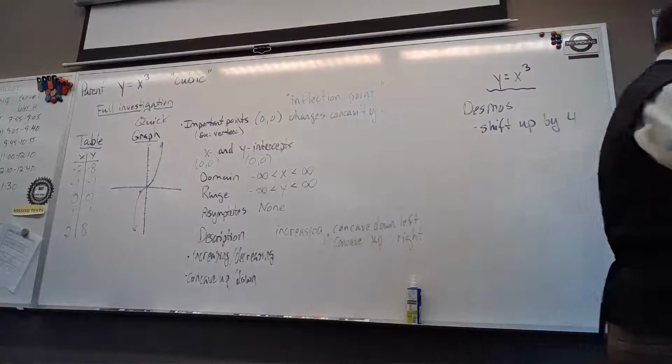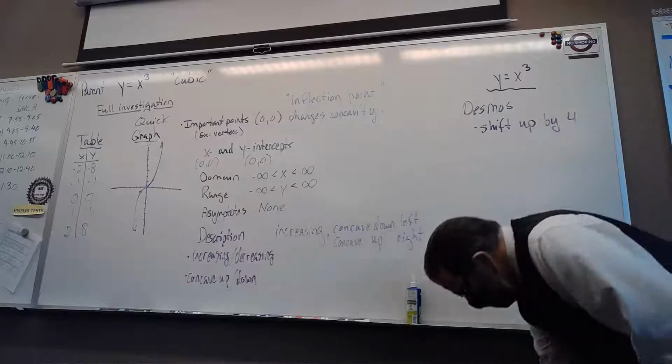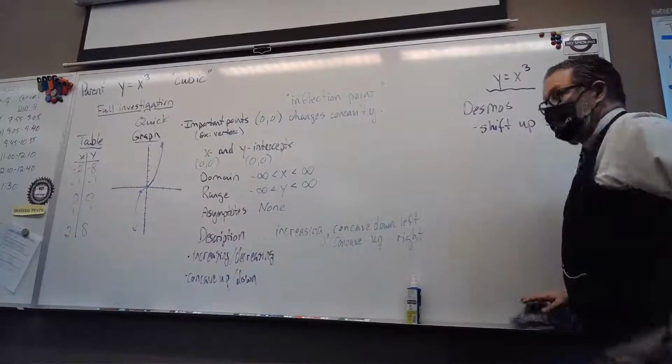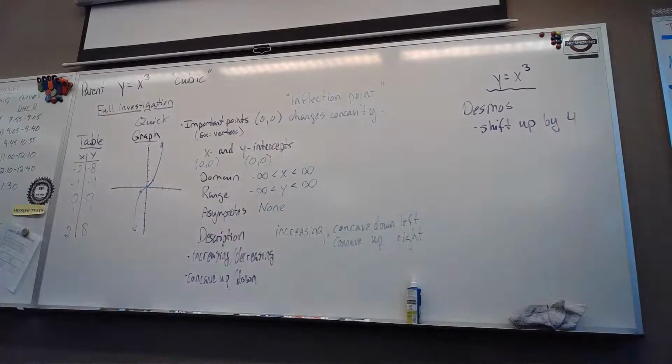And do it until you've got a graph that is 4 higher than the current quick graph. It has to keep the cube. Gotta keep the cube, because otherwise it's a different function. What could you do to that equation to make it 4 higher?